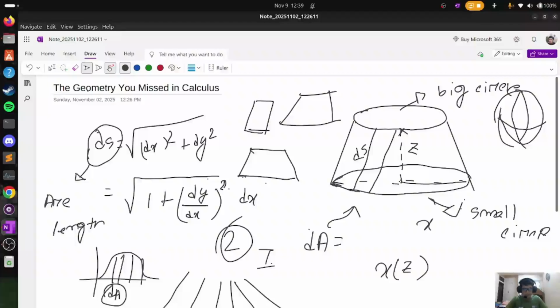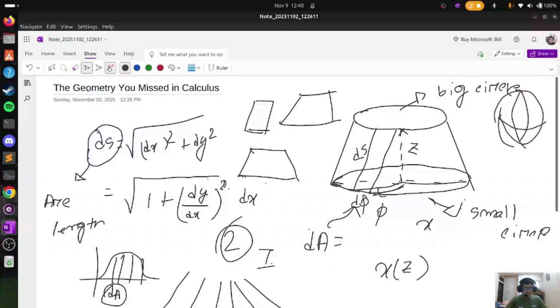The important part here is, you see this, if we connect these two points to the center, this creates an angle phi, right? So for a small strip, we'll take that as d phi.